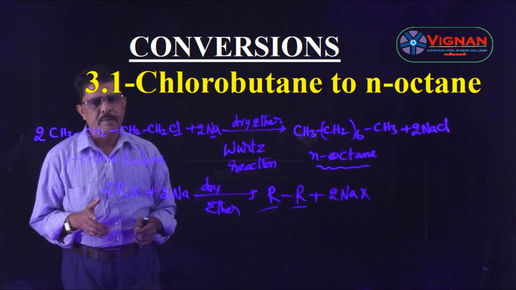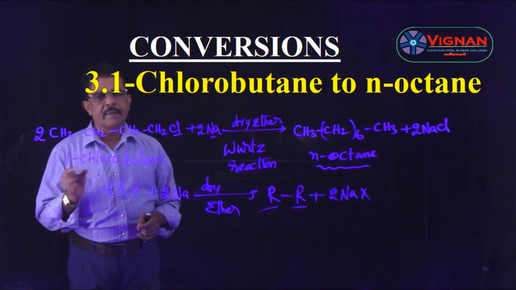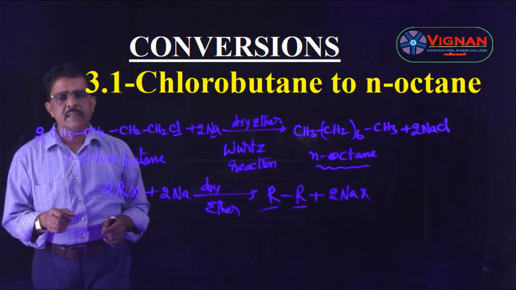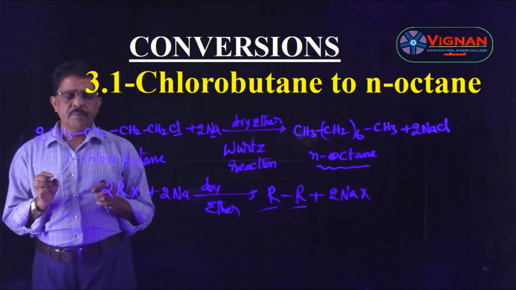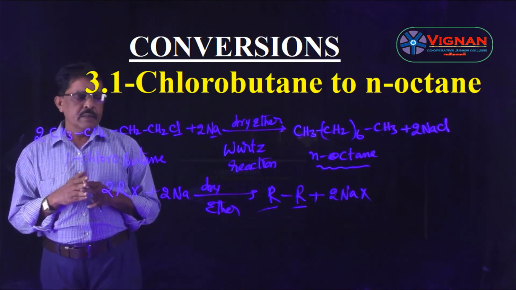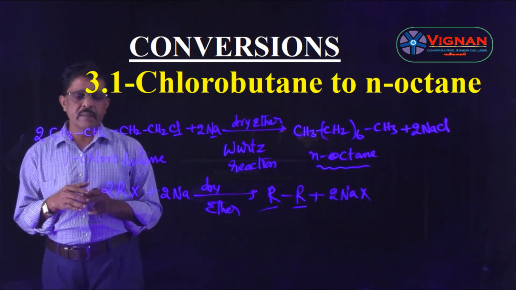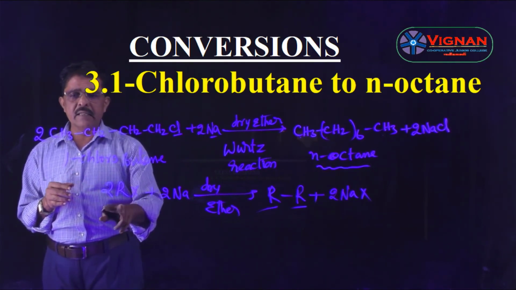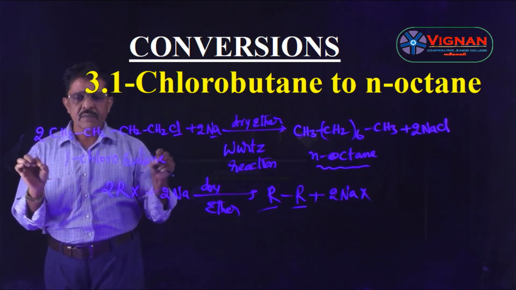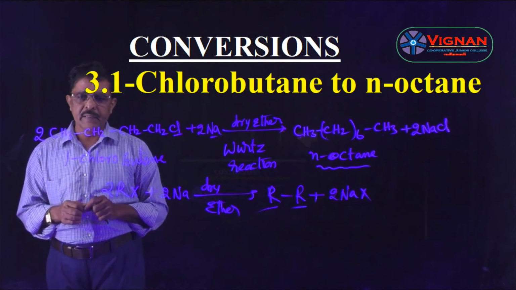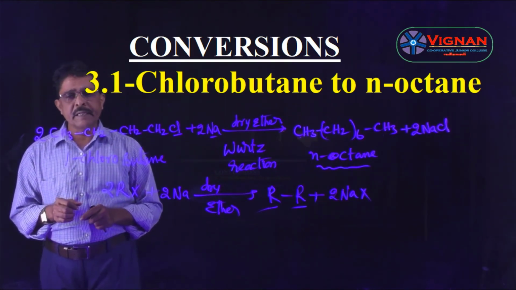Symmetrical alkanes can be prepared, but Wurtz reaction is not at all useful for odd number alkanes, which are not prepared by this method. If two alkyl halides are different from one another, then a mixture of alkanes is obtained. Therefore, symmetrical alkanes can be prepared by Wurtz reaction.